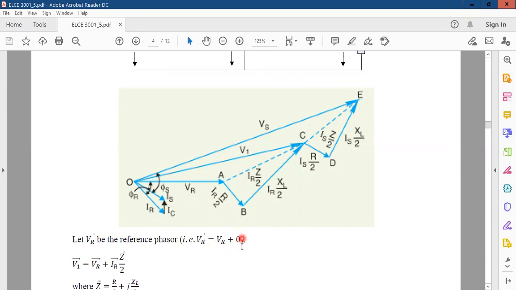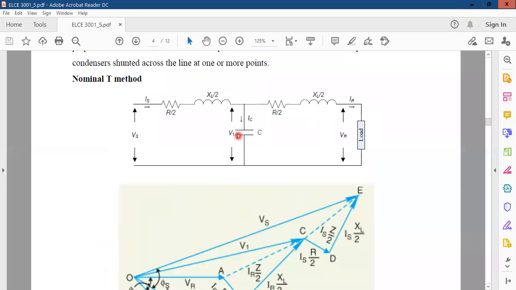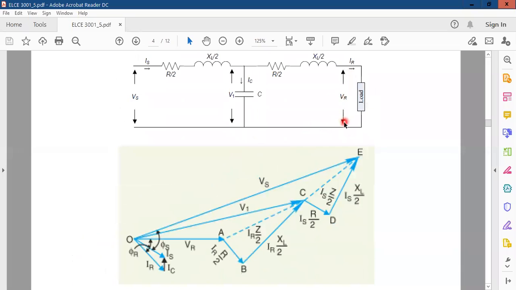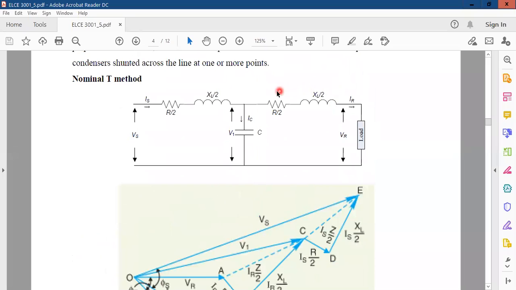We don't have an imaginary part. We'll have only the magnitude. So V1 is the voltage that appears across the capacitance. This V1 equals VR plus the voltage here.